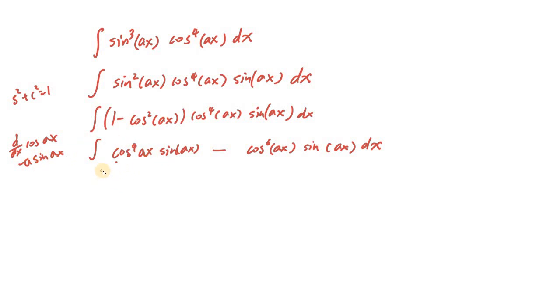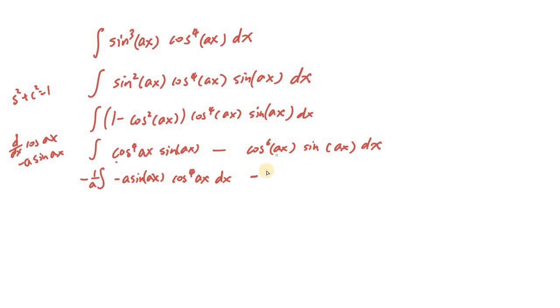So we are going to rewrite it as follows: minus a sine ax, minus 1 over a times cosine to the fourth ax dx. You can see that the minus will cancel out, the a will cancel with the 1 over a, so this is still the same expression as above.